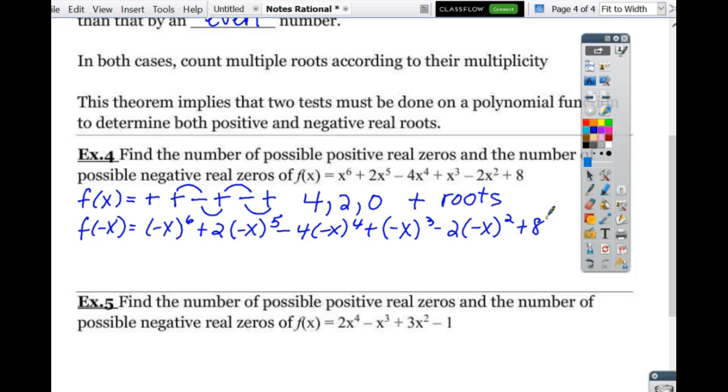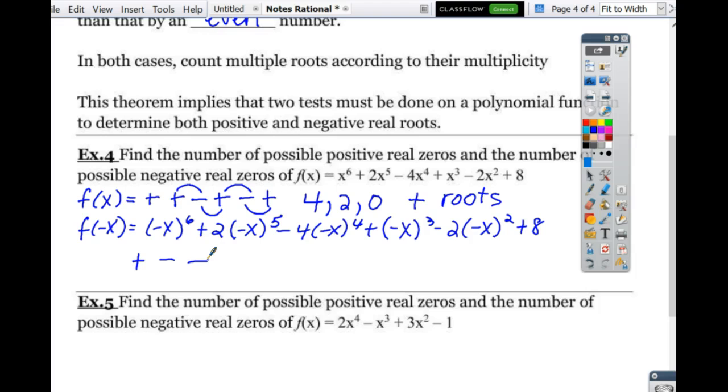What is negative x to the 6th power? Is that a positive or negative number? Positive. Negative x to the 5th power is negative, and so what's negative times a positive? So that one's negative. Negative x to the 4th power is positive. Positive times a negative is negative. Negative x to the 3rd power is negative.